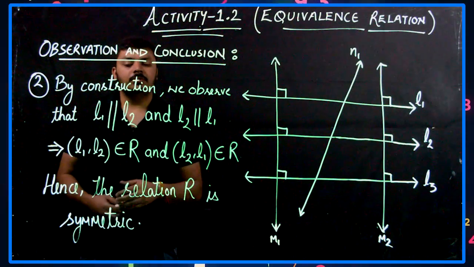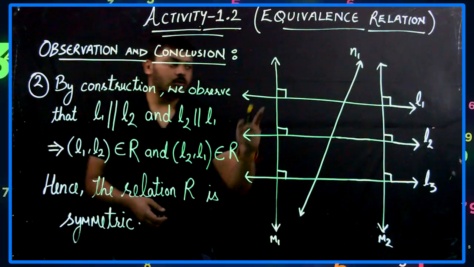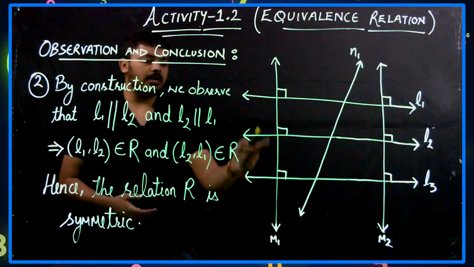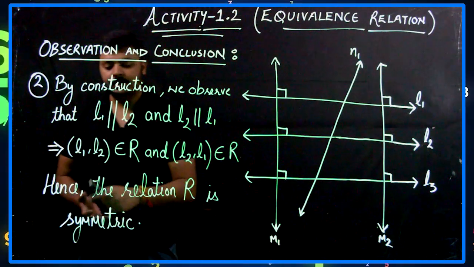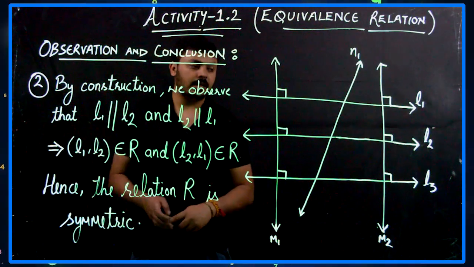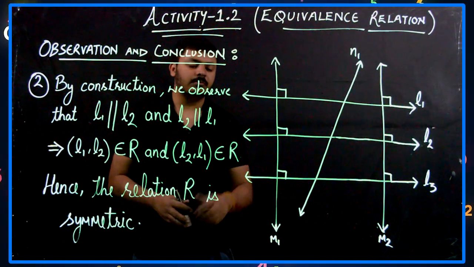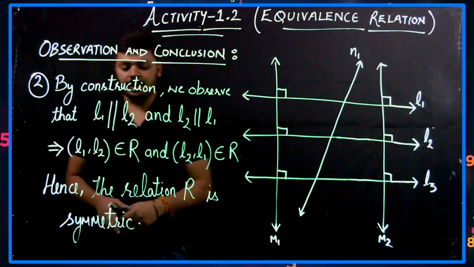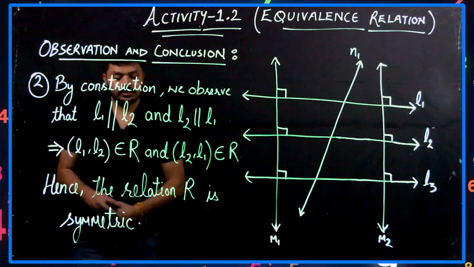By construction, we observe that L1 is parallel to L2 and L2 is parallel to L1. Hence, it implies (L1, L2) belongs to relation R and (L2, L1) belongs to relation R. Hence, the relation R is symmetric.